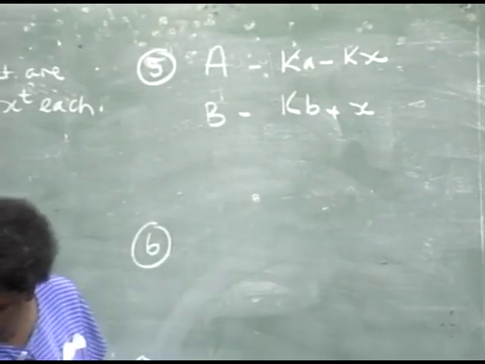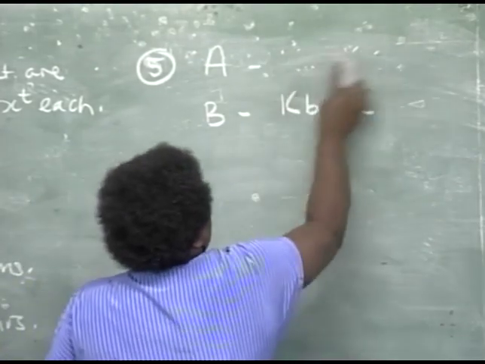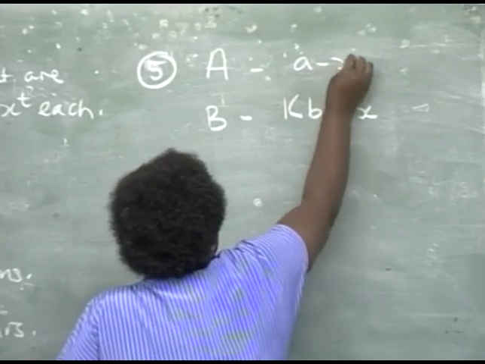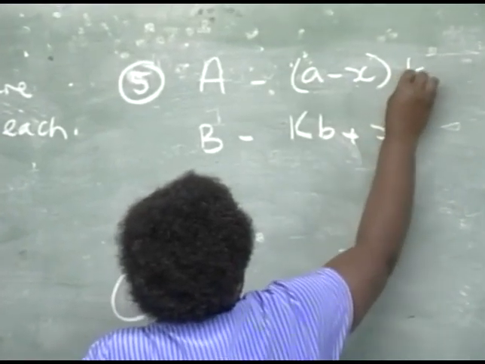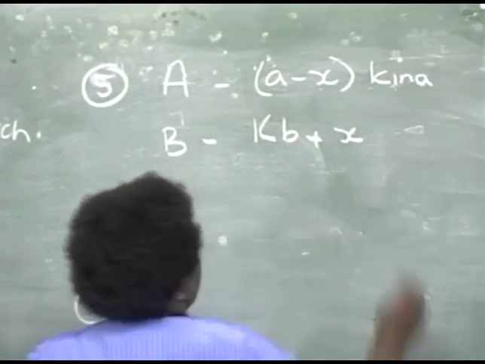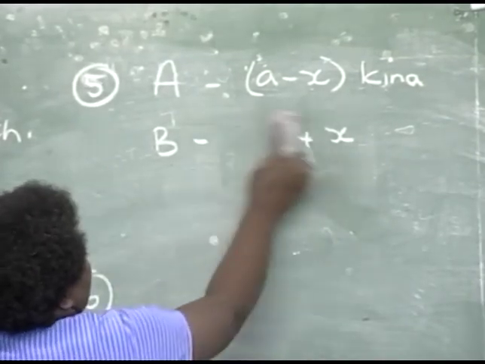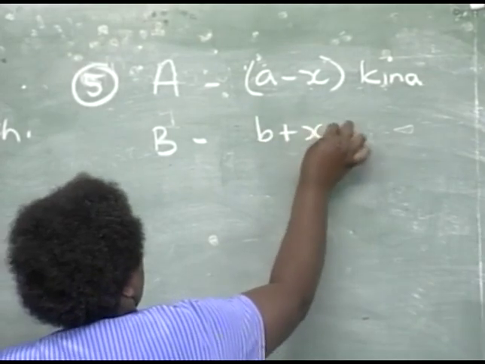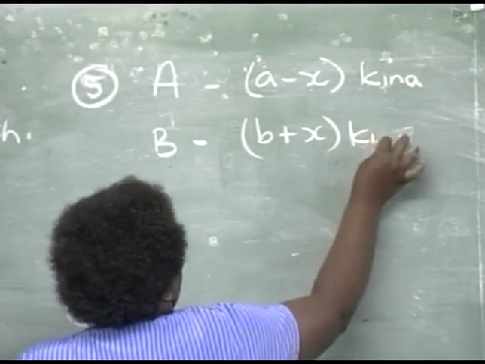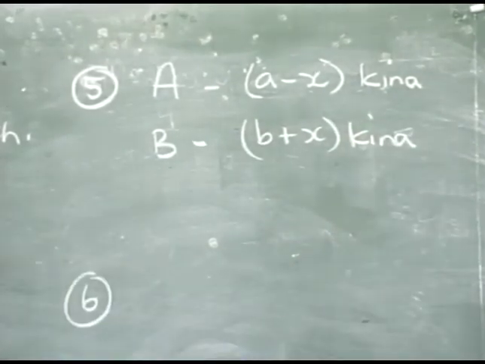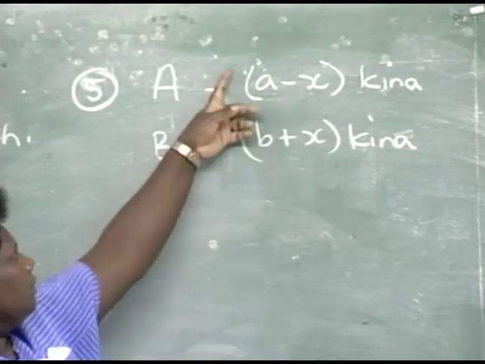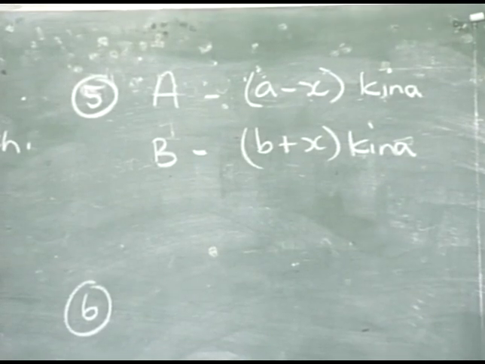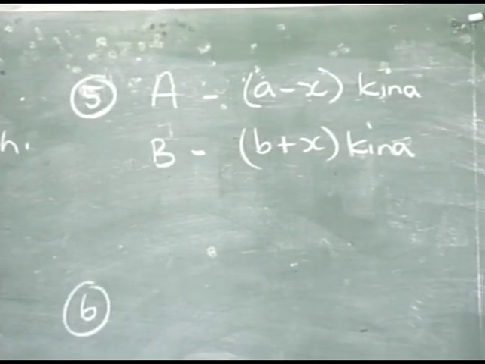Otherwise, you can just write this as A minus X, and that's in kina, or B plus X kina, because X is in kina and B is also in kina. You can write it like this. If not, you can put the big letter K in the front, and so long as you have the others in brackets.